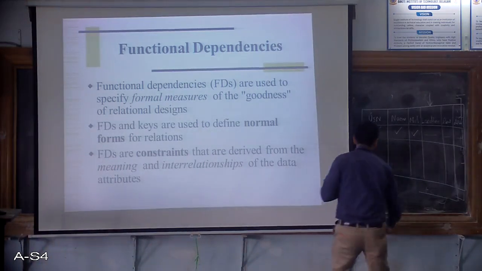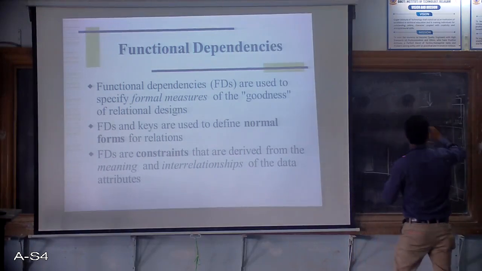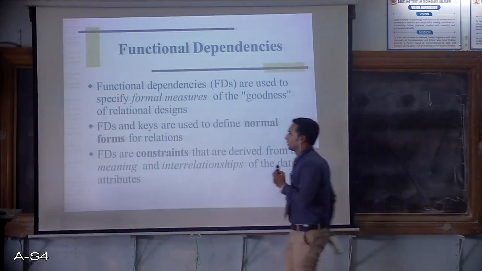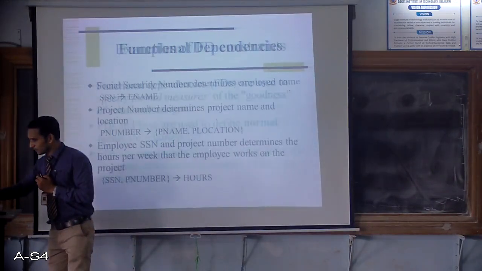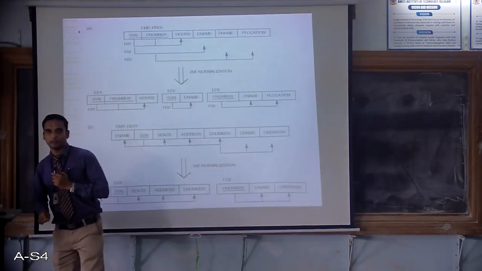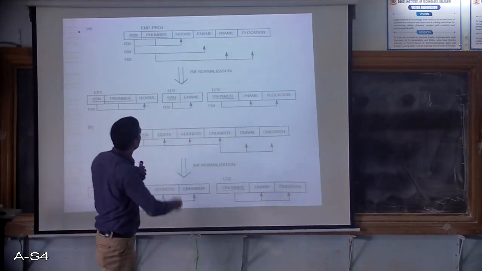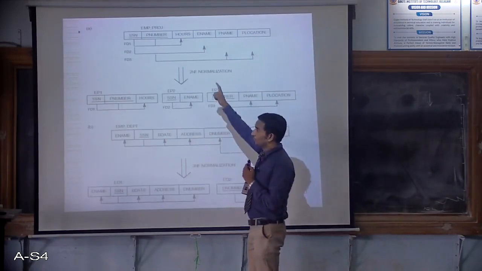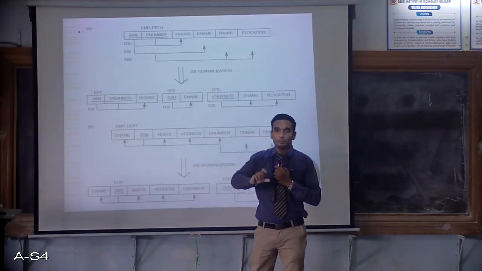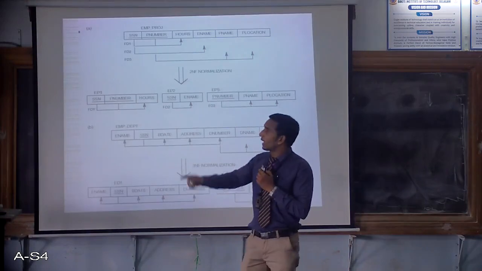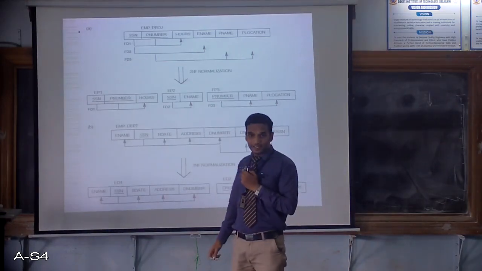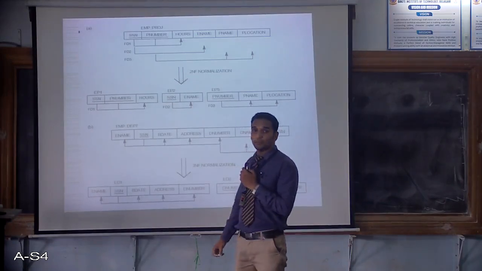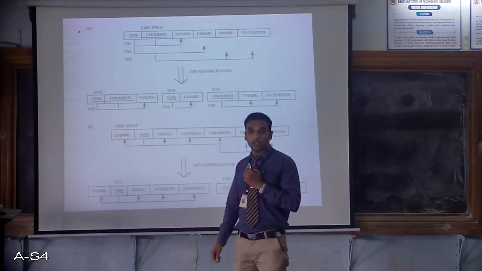Now what I mean by functional dependency, I can tell with an example here itself, rather than going to the slide. Assume that there is a table employee and project. So I have joined the tables employee and project. Once I join, I get a table with SSN, project number, hours, employee name, project name and project location.